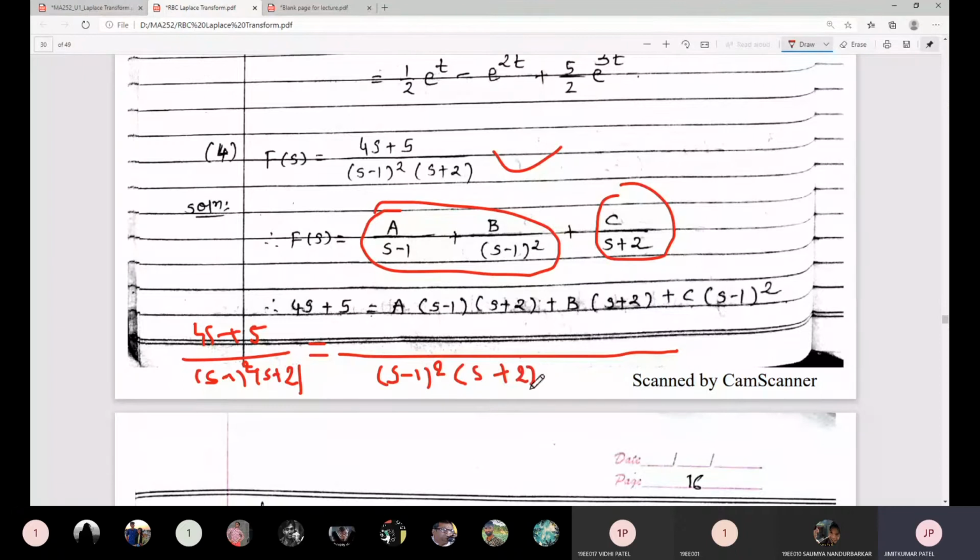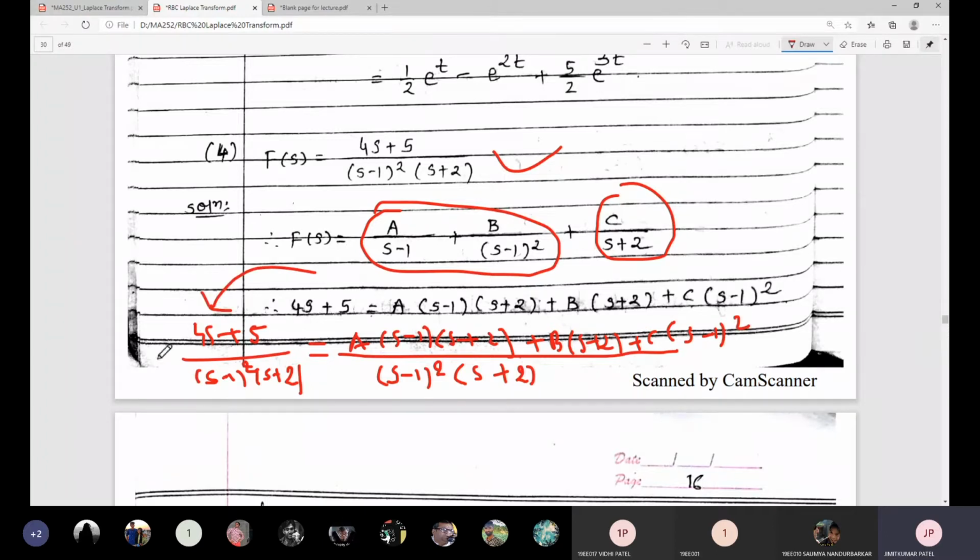Now for the numerator, we have A into, here (s - 1) one time is present, so only one time is remaining: (s - 1) and (s + 2), plus B into (s + 2), because (s - 1) squared is present. Plus C into (s + 2) is present below the C, so what is remaining is (s - 1) whole square. So this is your second term.